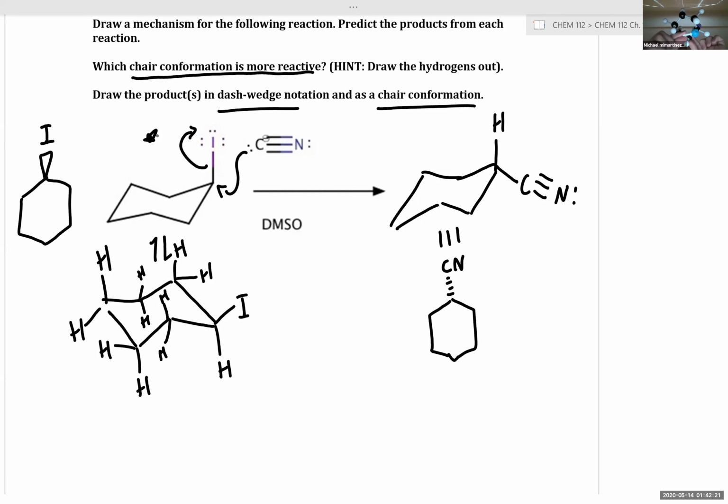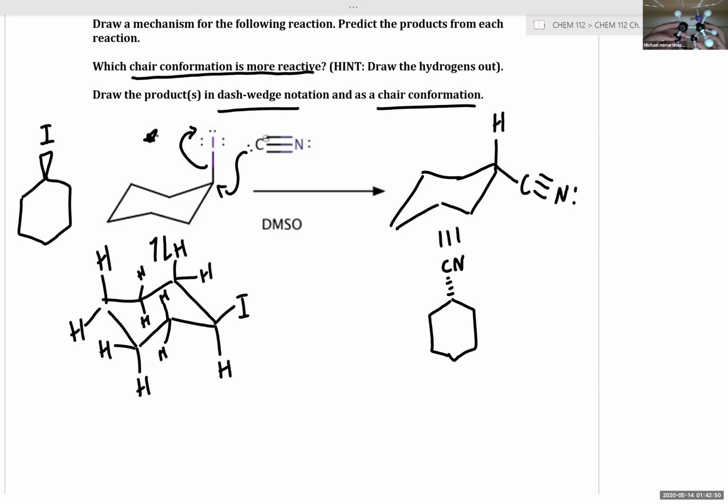Does everyone see how this approach is relatively unhindered for the axial position? So here's our axial iodine. We can attack from the backside with minimal steric hindrance. Can everyone see that in the camera? Does everyone see that when we play with the model kit?